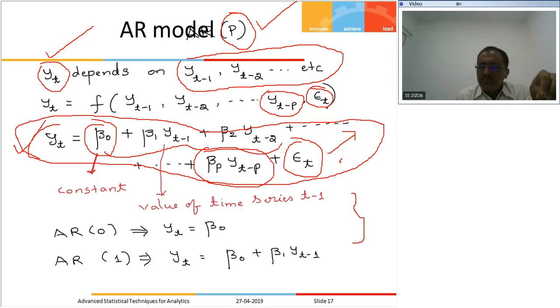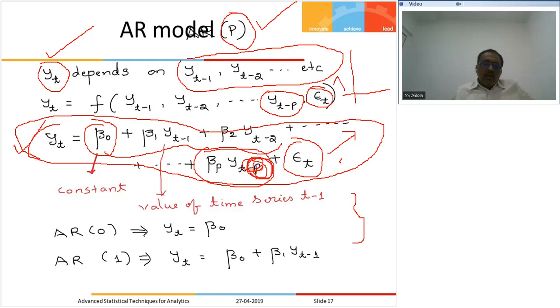We can try to fit the model for various values of p. Then, with the help of the ACF at various time lags, t minus 1, t minus 2, we can see the trend. Depending on that, we can decide where to stop with the p value.